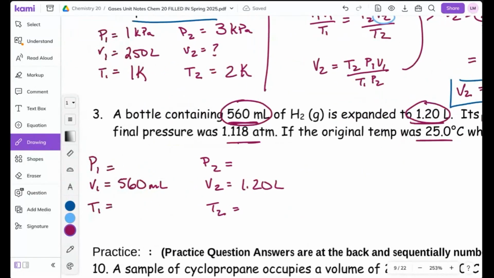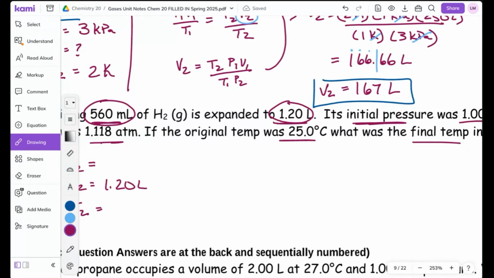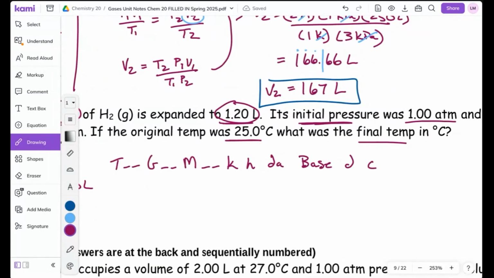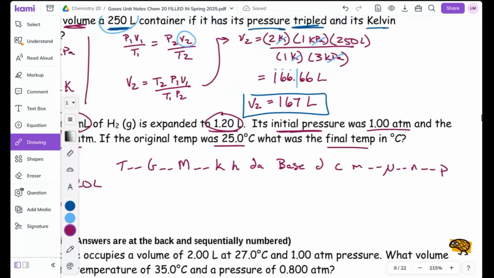Another way that you can know how to convert is you can do the metric conversion scale. So the metric conversion scale is this thing. Okay, so remember, base units are the units that don't have any prefixes to them.